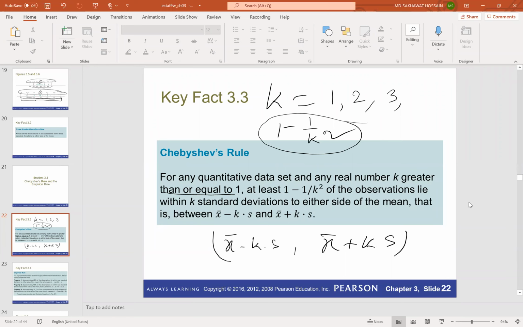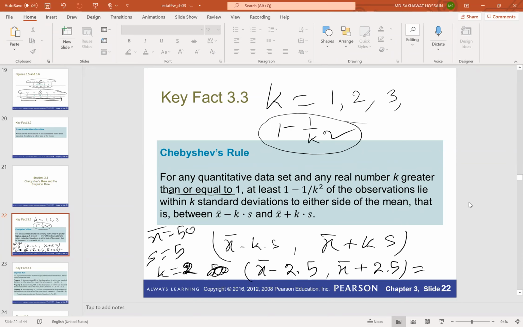So for example, if our mean x bar is 50, and standard deviation is 5, and if we consider k equals 2, then x bar minus k times s, that means 2 times 5, and x bar plus 2 times 5.